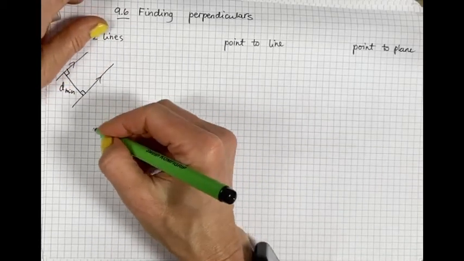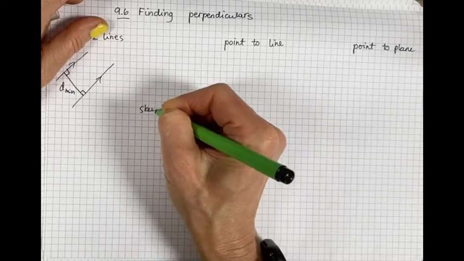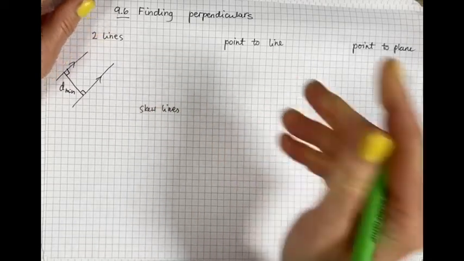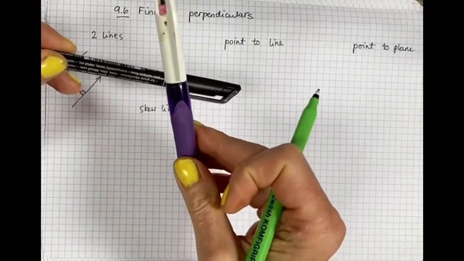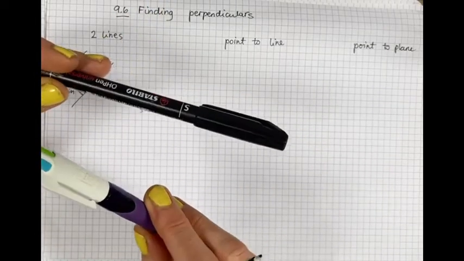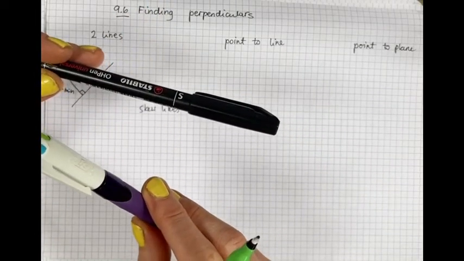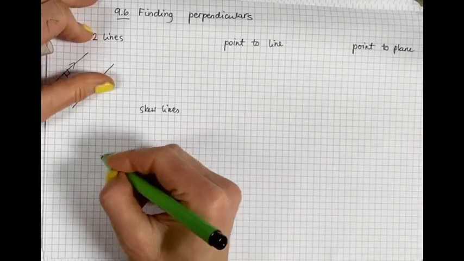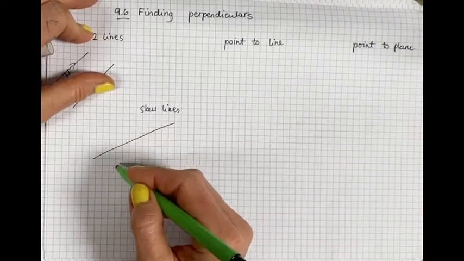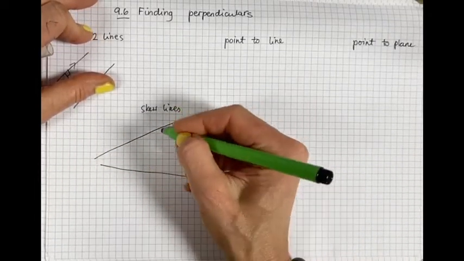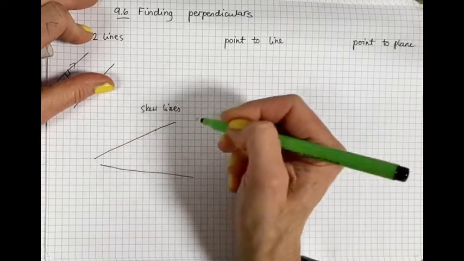Now if you've got two skew lines, so this is where you've got two lines like that, then if you consider shortest distance, you've got lots of perpendicular distances, but we're normally interested in finding one of those distances which is going to be perpendicular.